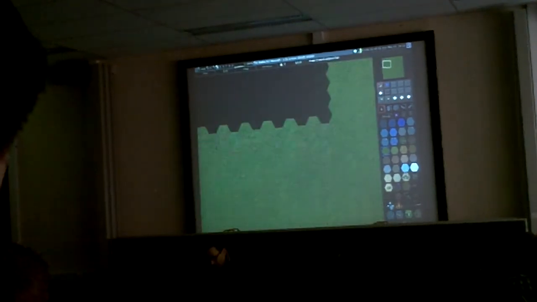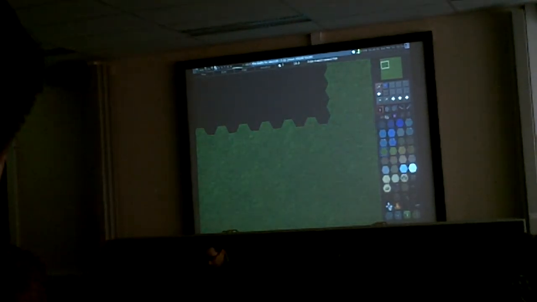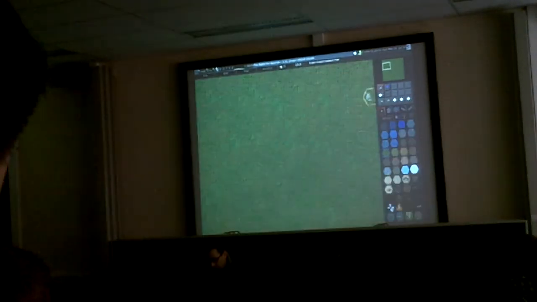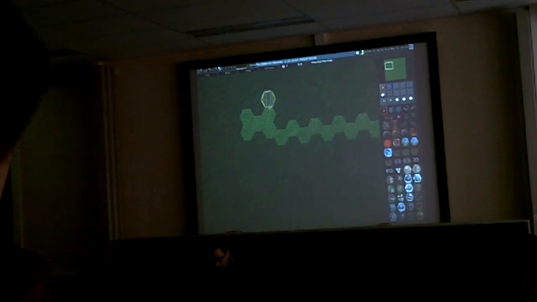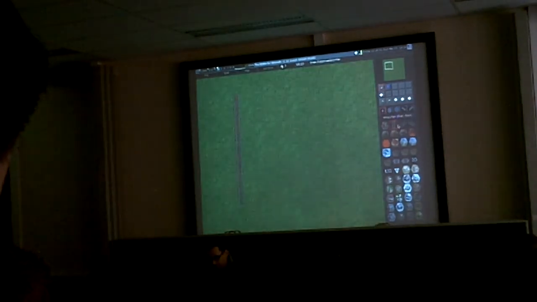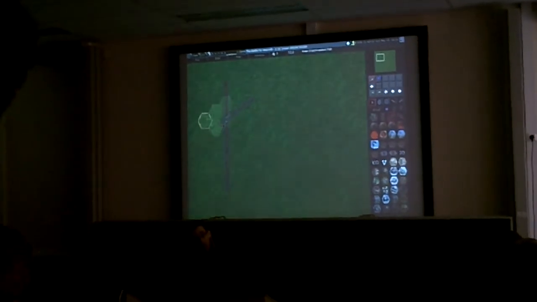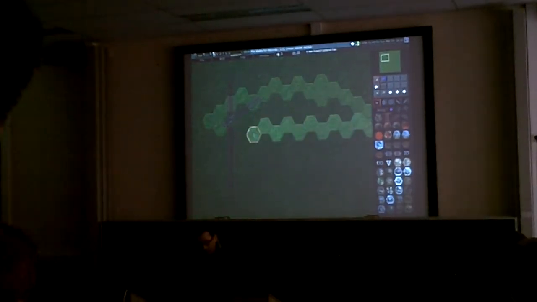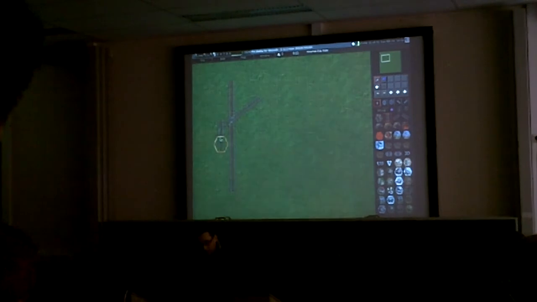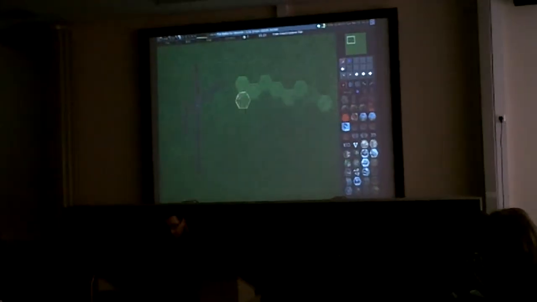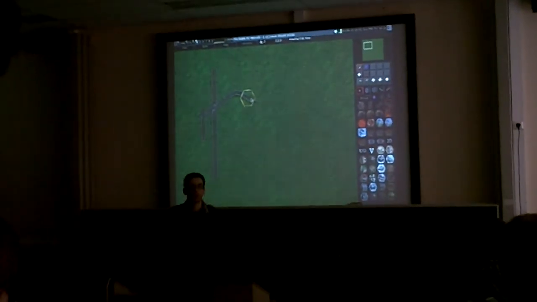If I go on, where was it? There, tracks. If I start drawing tracks like this, they will find the proper transitions to do all sorts of mappings and make them look good. And this is not hard-coded.